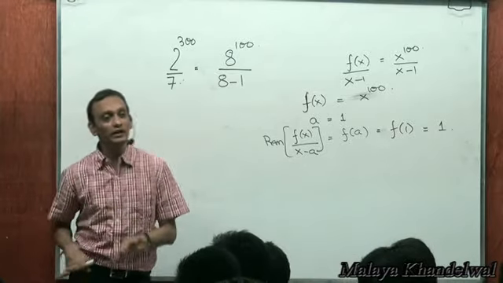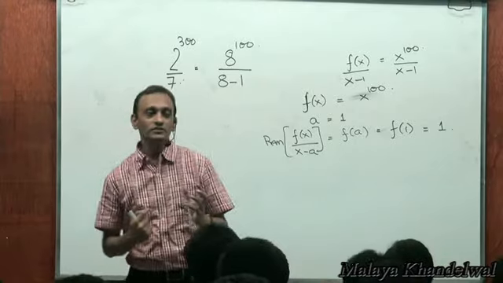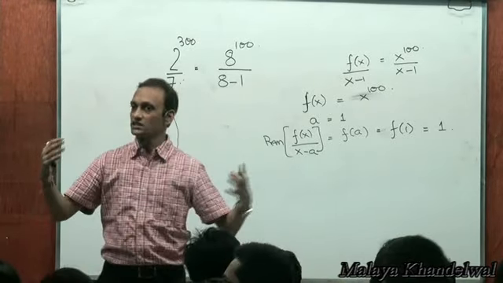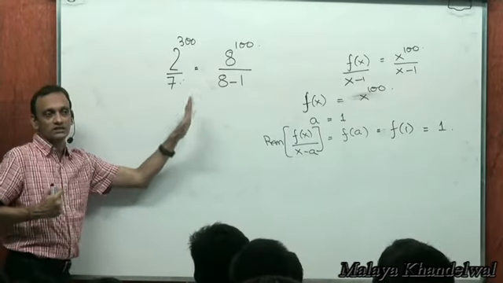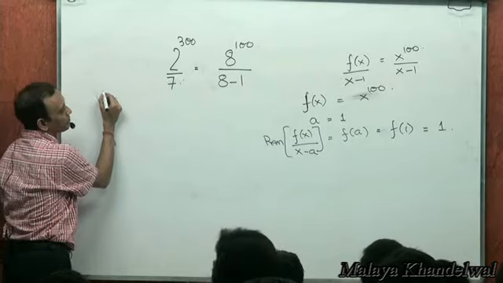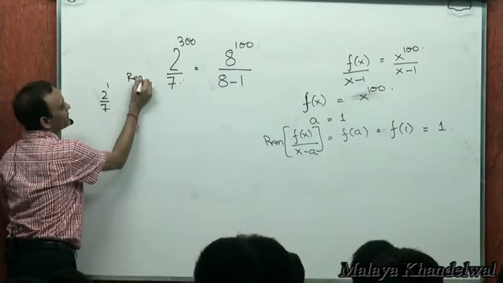In fact, remainders are very beautiful entities, and they follow some very beautiful patterns. Even if I didn't know this, look at the pattern of remainders. When 2 to the power 1 is divided by 7, what's the remainder? 2.